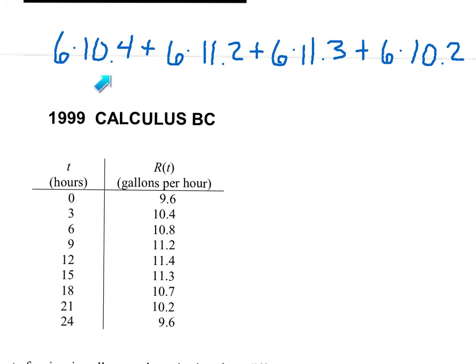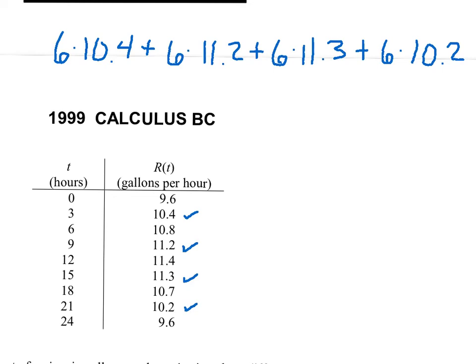So here's a summary of what we did. We just calculated a midpoint Riemann sum, and what I want you to notice is that we used as our y values 10.4, 11.2, 11.3, and 10.2 because we were asked for a midpoint sum. Had we instead been asked for a left-hand Riemann sum, we would have used the y value on the left-hand edge of each interval. For example, in the interval from 0 to 6, we would have used the y value at time 0, which is 9.6, to build our rectangle.